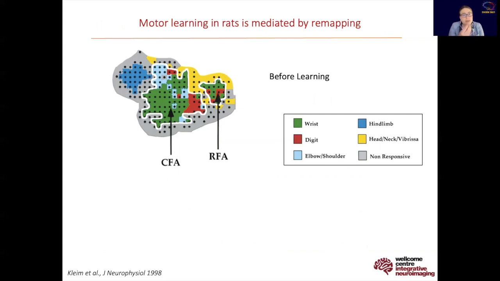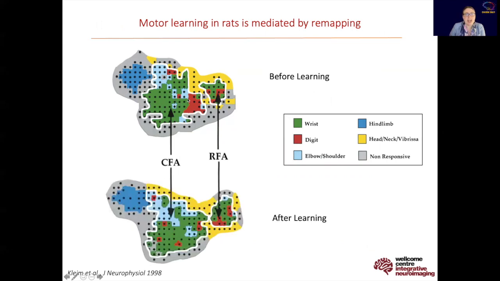This was the mapping before they did this task, and you can see regions of the wrist and the digit. And then after they'd learnt, they saw massive reorganization such that the areas innervating the wrist and the digits, which were the areas involved in the task, hugely expanded.